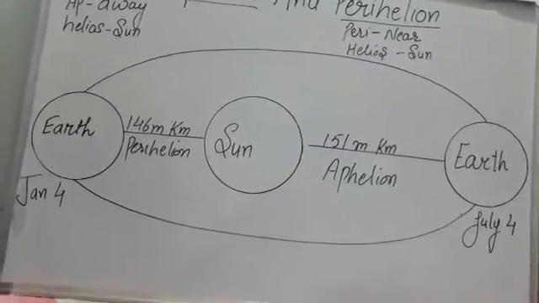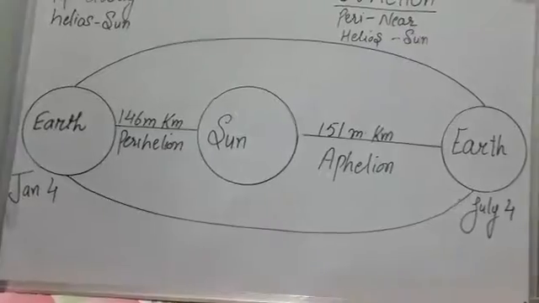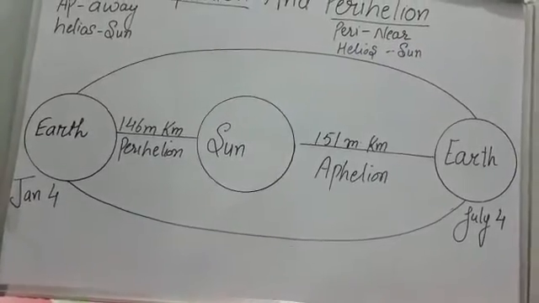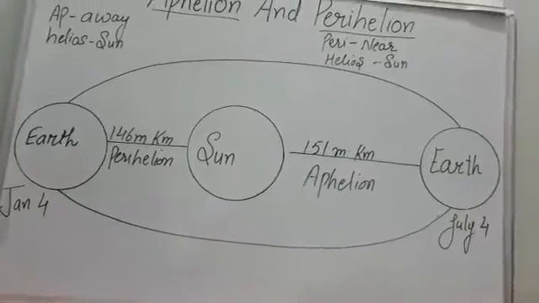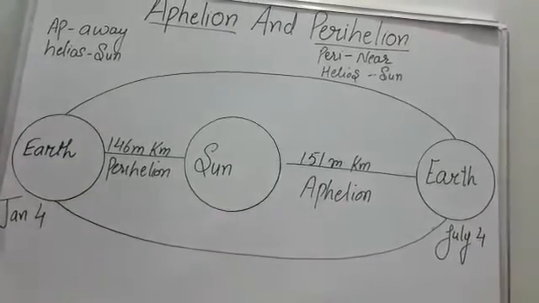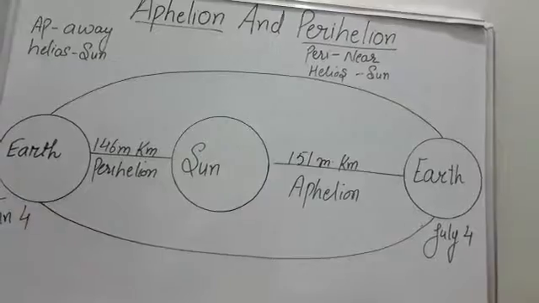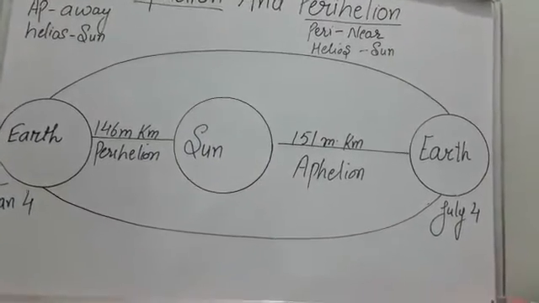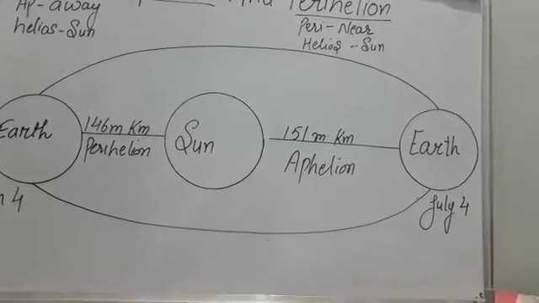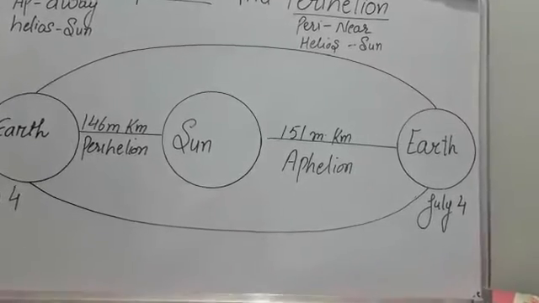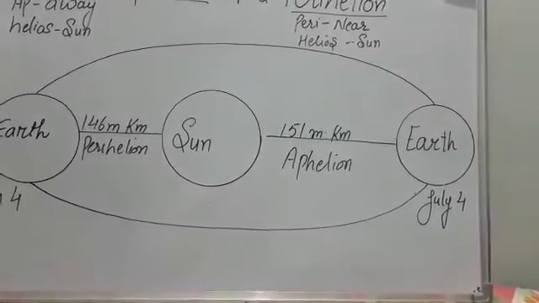Okay. And the other is, while revolving, when the earth reaches a point in its orbit when the distance between the earth and the sun is maximum, about 151 million kilometer, it is away from the sun, and this situation is called aphelion.